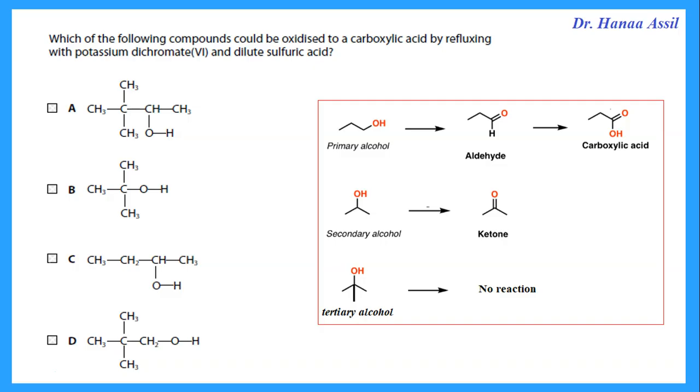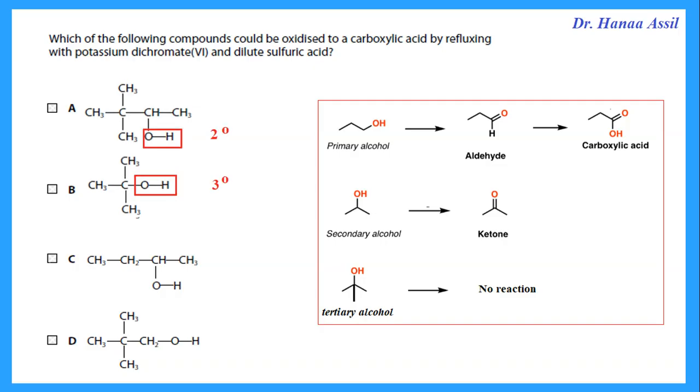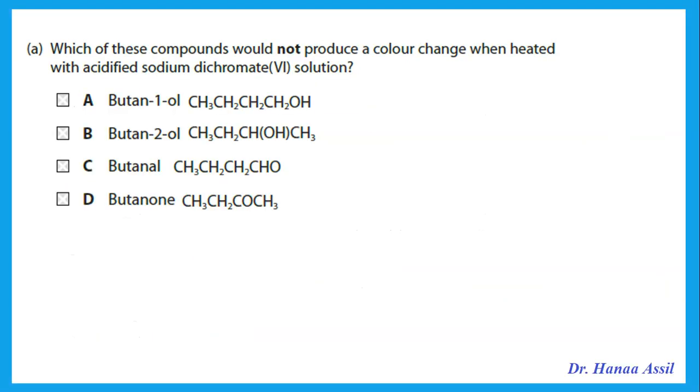So we're looking for which of these is primary. So let's take a look at them. This one is a secondary, this one is a tertiary, this one is a secondary, but this one, where the OH is on the end of that chain, the carbon attached to the OH is bonded to only one carbon, that is the primary. So that is the one that would give an acid when heated with potassium dichromate.